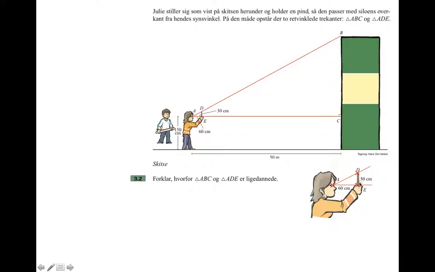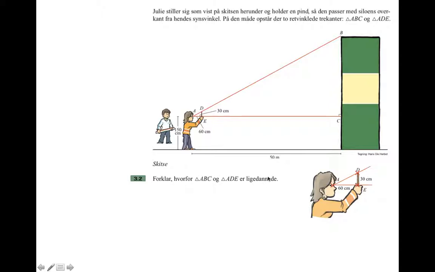But then you've got a smaller right-angled triangle, which is labelled ADE, formed by where she's looking and the stick that she's holding up. Explain why the two triangles are similar.